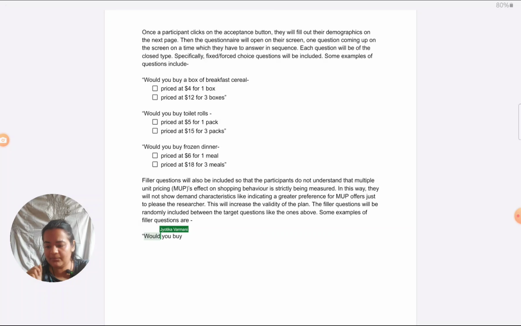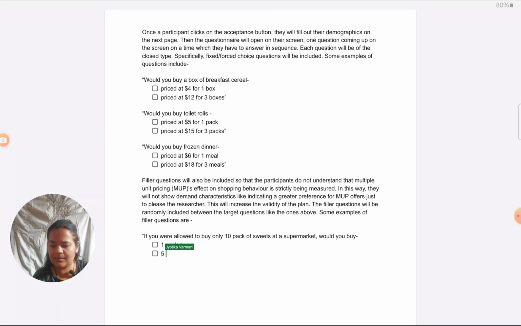No, a better way I can phrase it is, if you were allowed to buy only 10 packs of sweets at a supermarket, would you buy one packet, 5 packets, 10 packets?